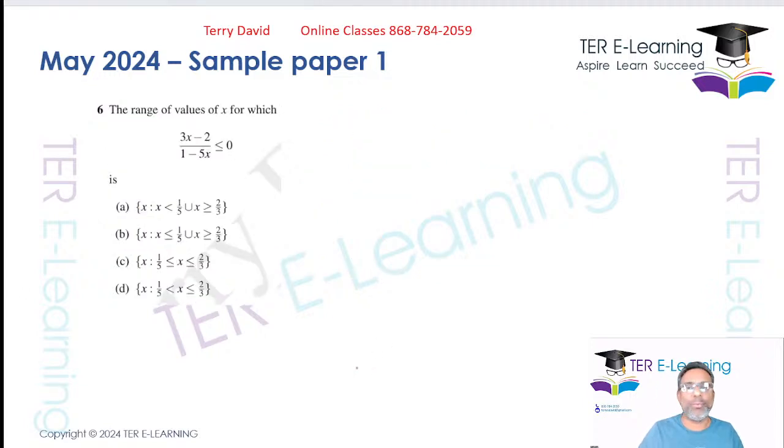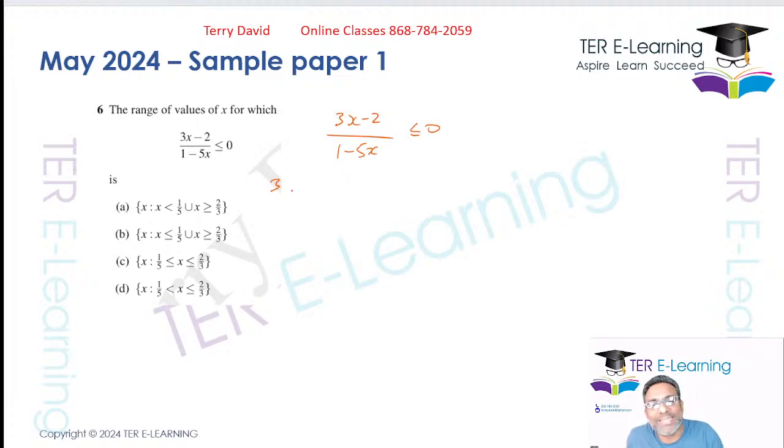Question 6 here, we have an inequality to solve, right? Now you have to be careful with an inequality like this. It's (3x minus 2) all over (1 minus 5x), and this is less than or equal to 0. When you have an inequality like this, the first thing we need to do is multiply both sides by the denominator squared.